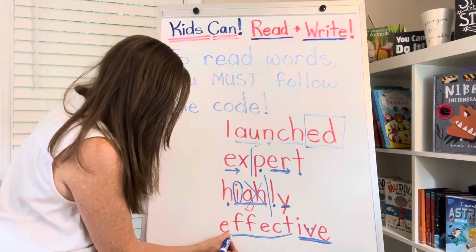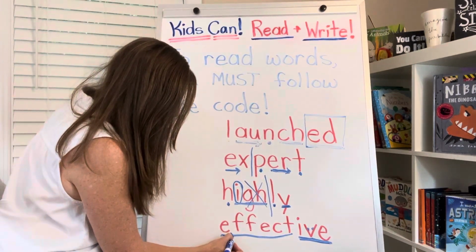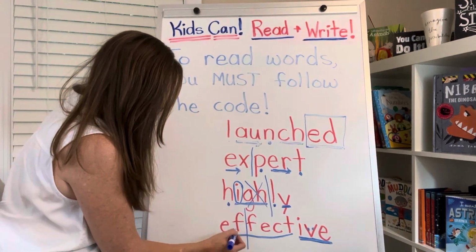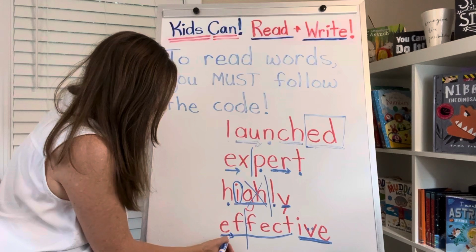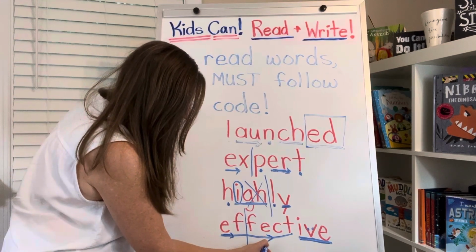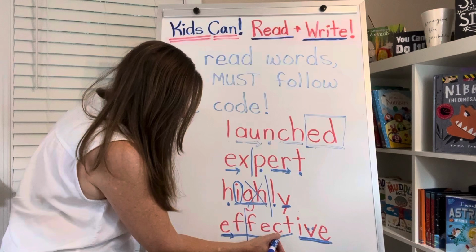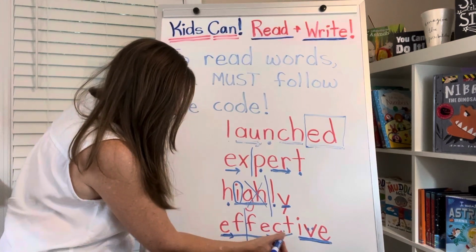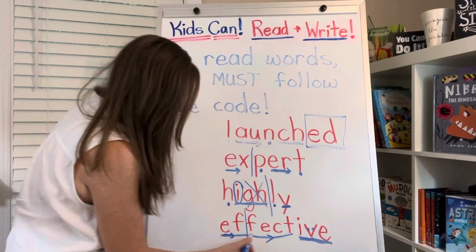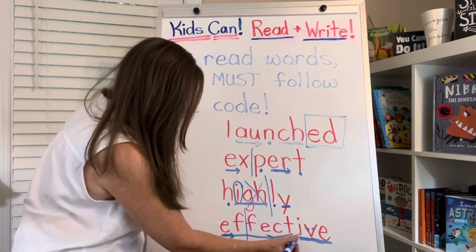All right, so now we're gonna find that vowel. E is our first vowel. We're gonna glue it on and break it. Notice we have 2 F's, so we're gonna say ef. Now we're gonna do this part. Fect, effect, effective.